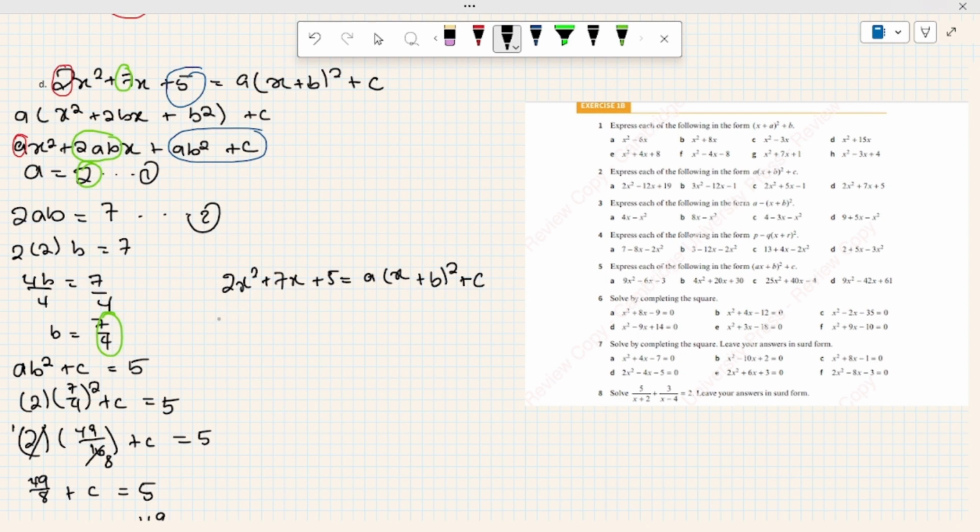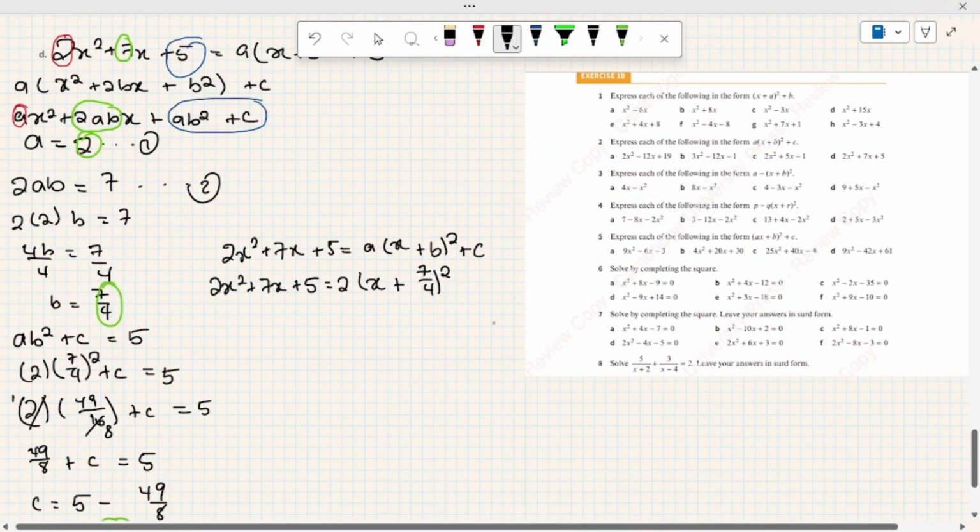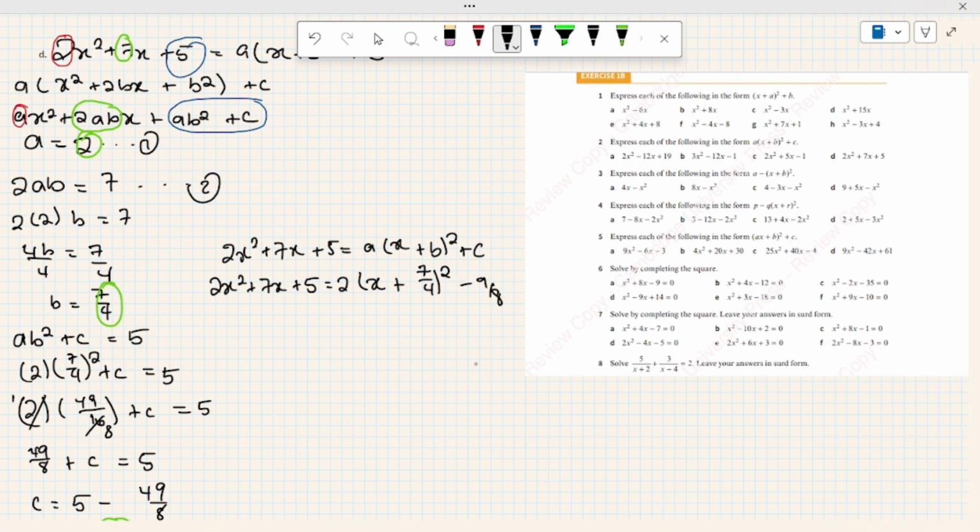Basically now it's going to be 2x squared plus 7x plus 5 is equal to the value of a, we already got that, it's 2x, plus the value of b, we already got that, it's 7 over 4, squared. The value of c, we already got that, it's minus 9 over 8. So guys, yeah, that's it. This is how you solve these types of questions, how you complete these types of squares basically.